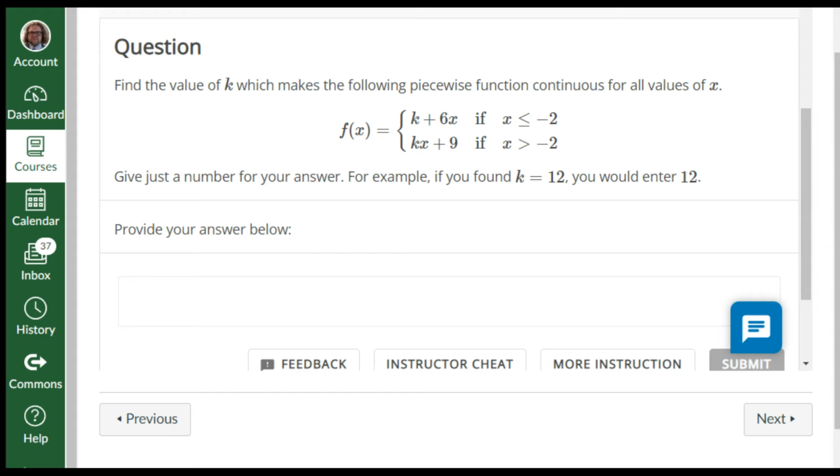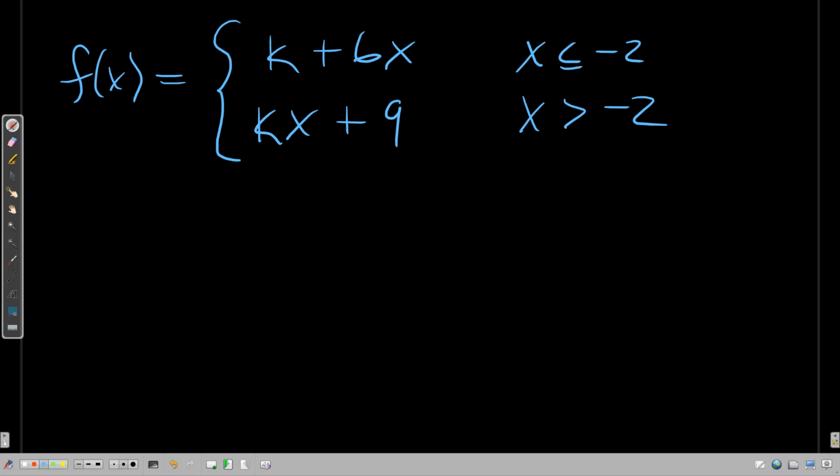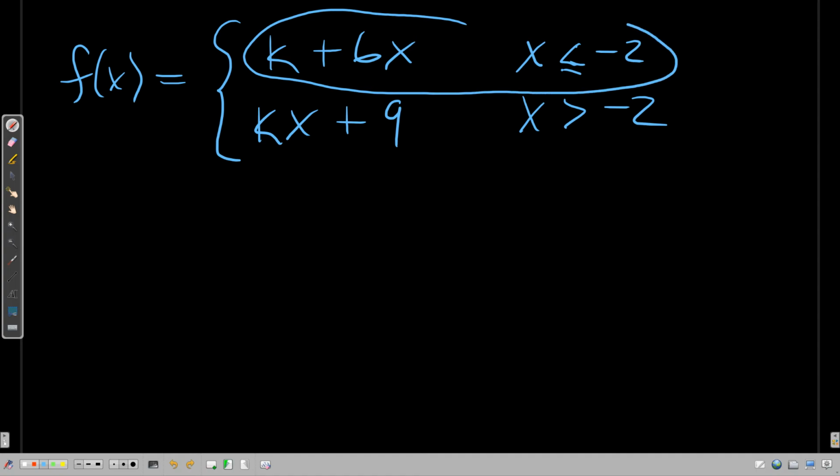Okay, so here is our function. To be continuous, we need the left limit and the right limit to equal each other. If we can make them equal each other, then because of this part of the domain, so here, let me say it this way. The limit from the left deals with this part of the equation.